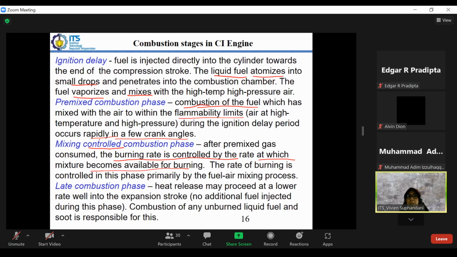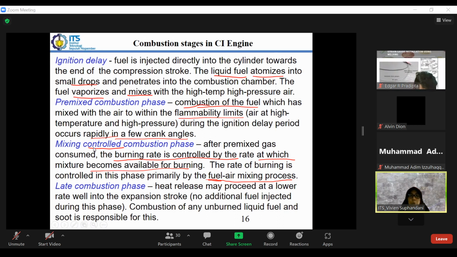The rate of burning is controlled in this phase primarily by the fuel air mixing process. So when we want to control this, we can control the fuel injection.